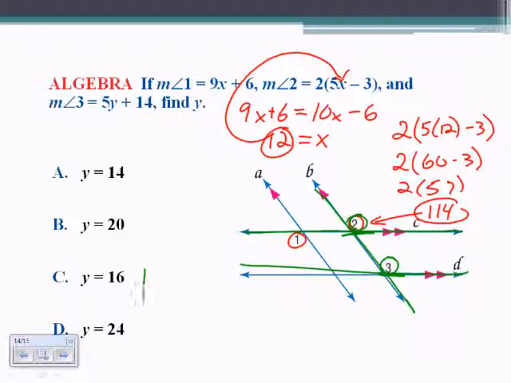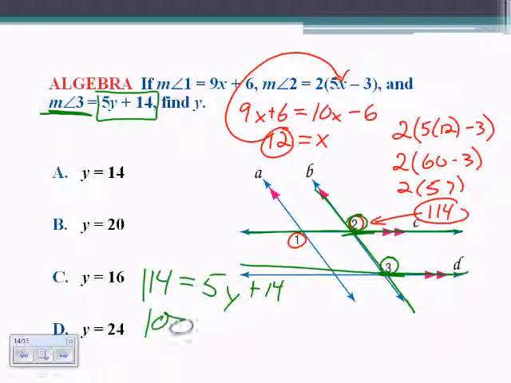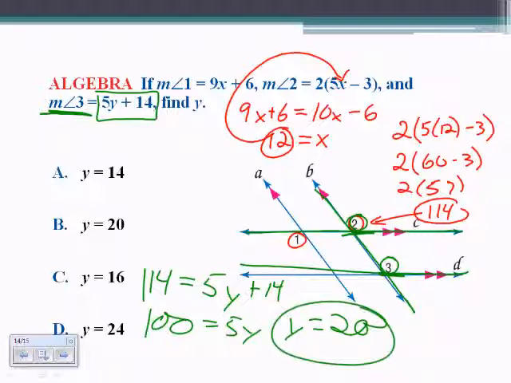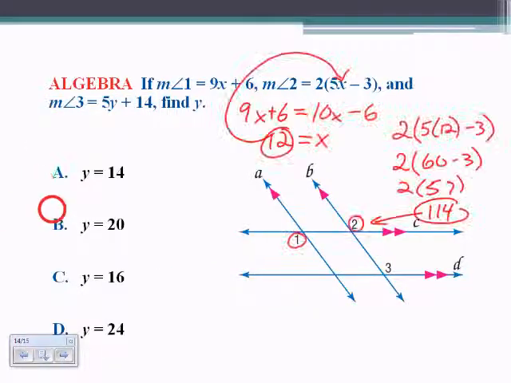We can set 114 equal to what the measure of angle 3 equals, which is 5y plus 14. So we have 114 is equal to 5y plus 14. We subtract 14 on both sides, and we're left with 100 is equal to 5y, and when we divide, we're left with y is equal to 20. So our final answer will be the letter B.